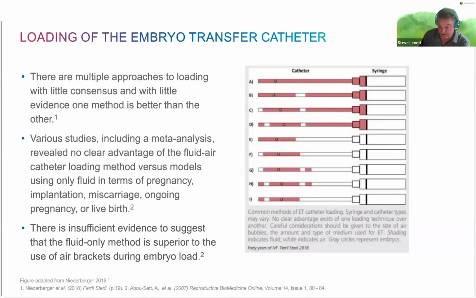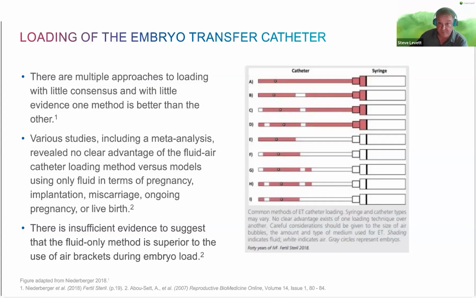When you look at the published data, there is actually no evidence that any one of those is better than the other. So what you choose is important in terms of loading, in many cases, including warming the catheter, flushing it through with a protein-containing medium to make the action of the catheter smooth, and the volume of the medium that the embryo sits in is also important.